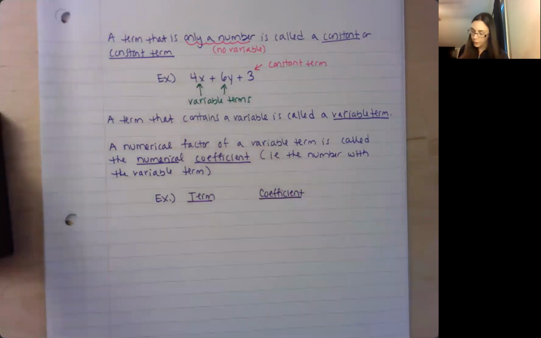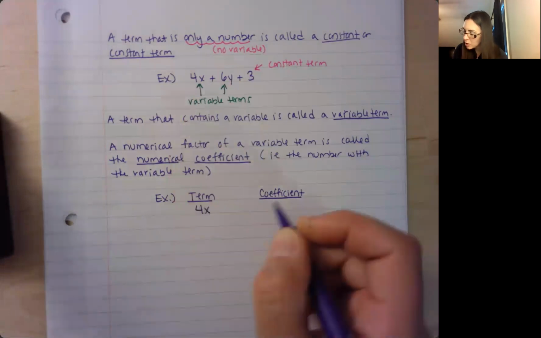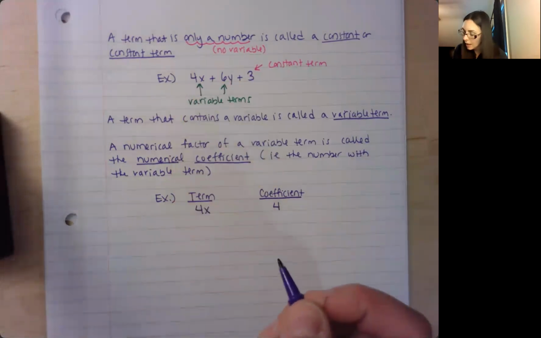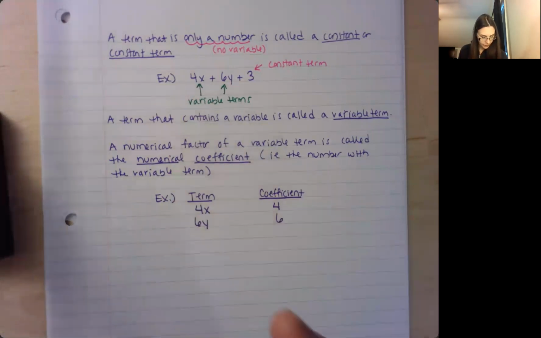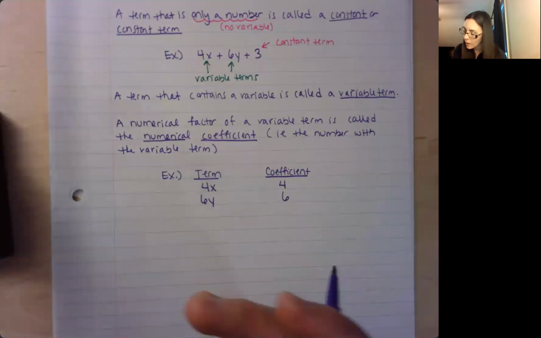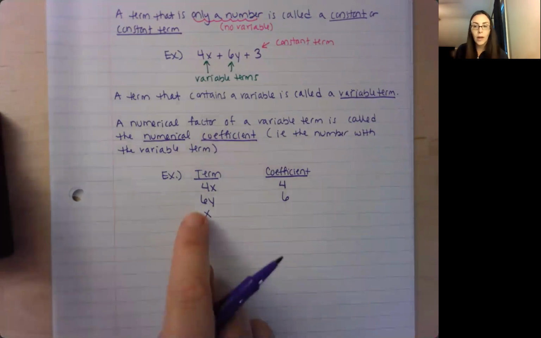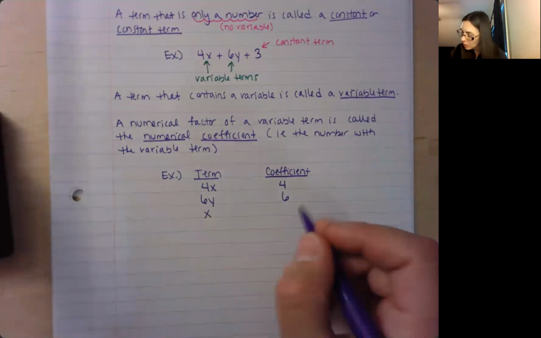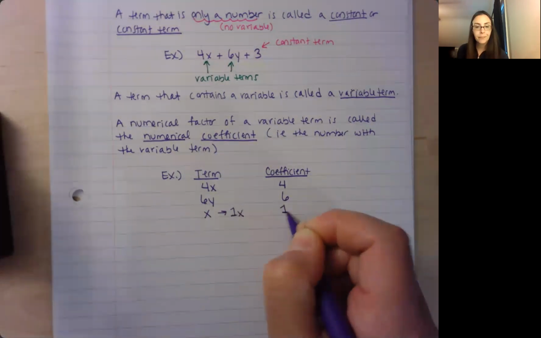Okay. So for instance, up here, if my example was 4x, then the coefficient is just 4. If it was 6y, the coefficient is just 6. If you have an example where it's just an x, there is a number out front, there's always a 1 being multiplied. So this is the same thing as 1x, so the coefficient is a 1.